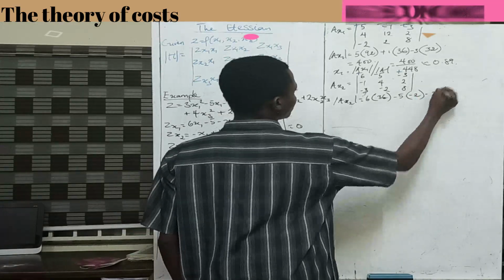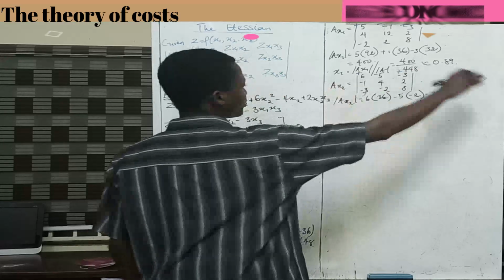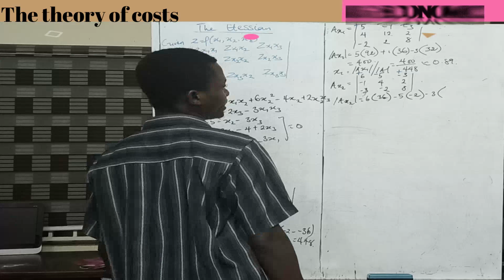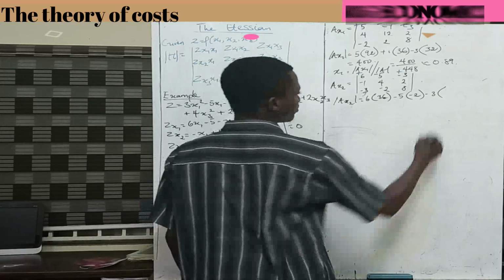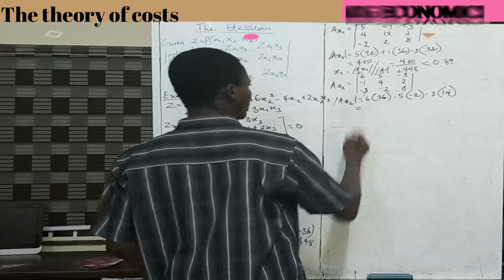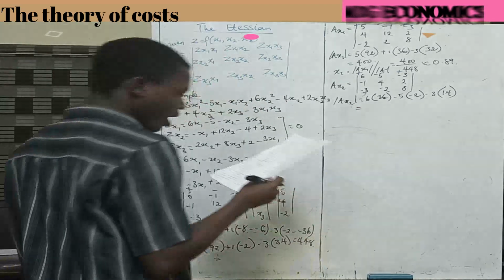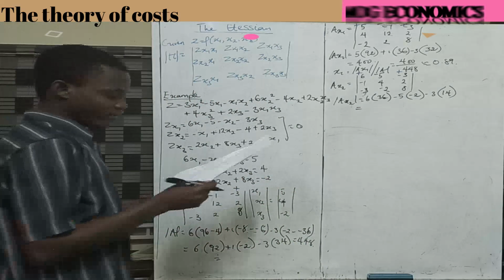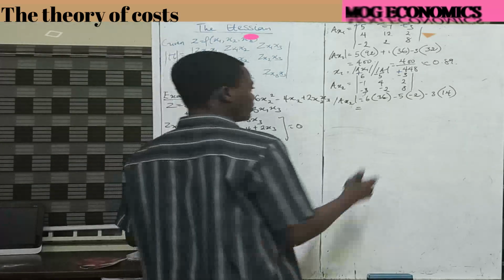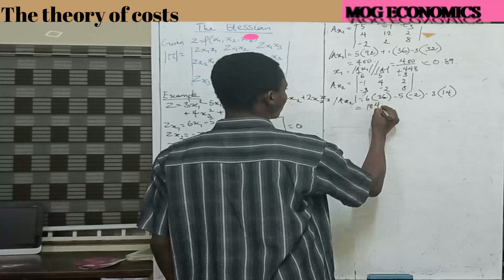And this is minus 3 into bracket minus 1 times 2 is minus 2, minus 2 minus minus 12, that's 14. Okay, 6 into bracket 36, minus 5 into bracket minus 2, minus 3 into bracket 14, everything is 184.